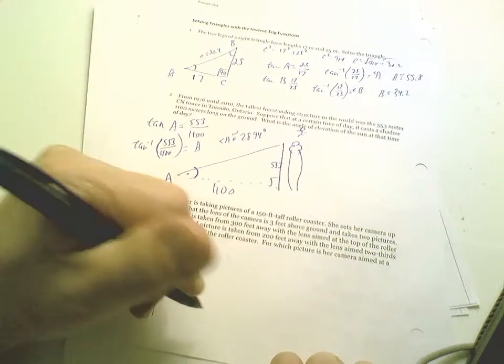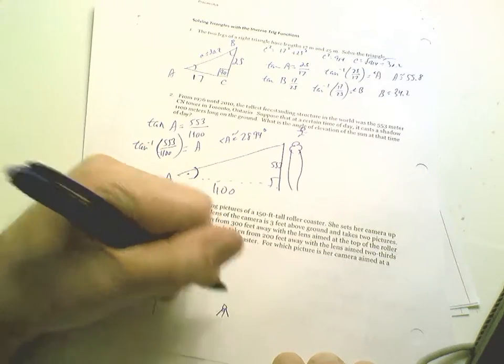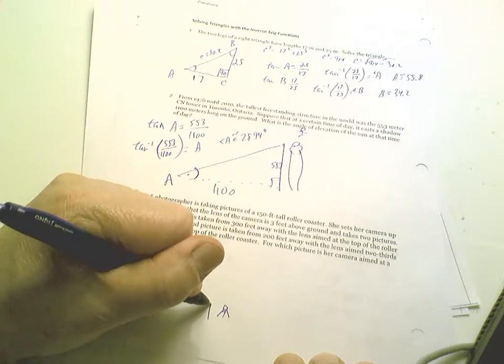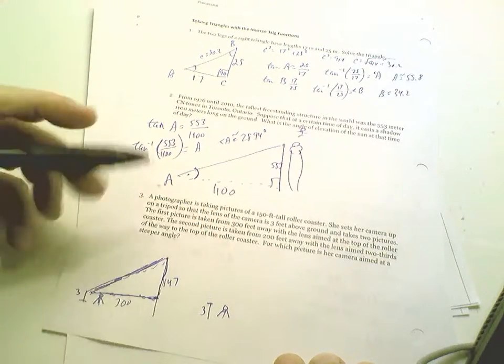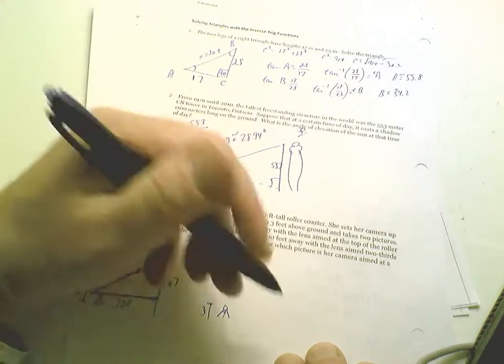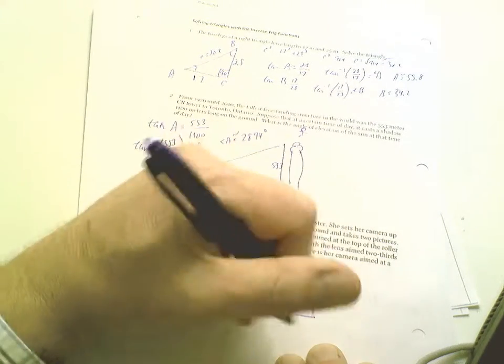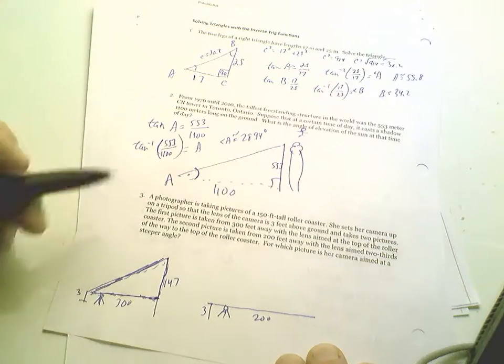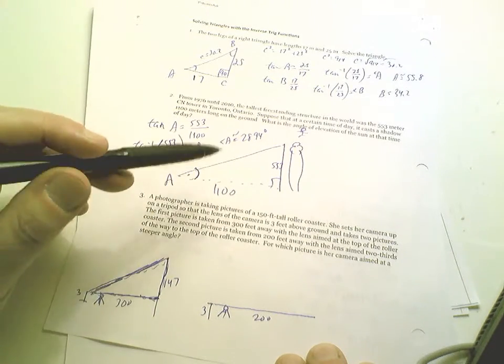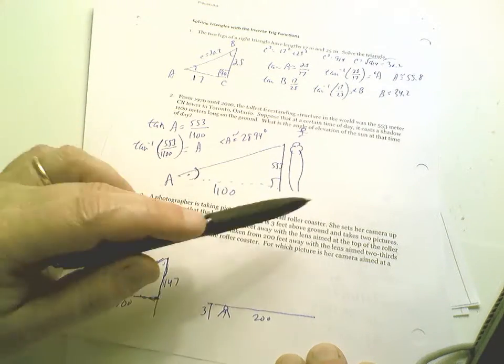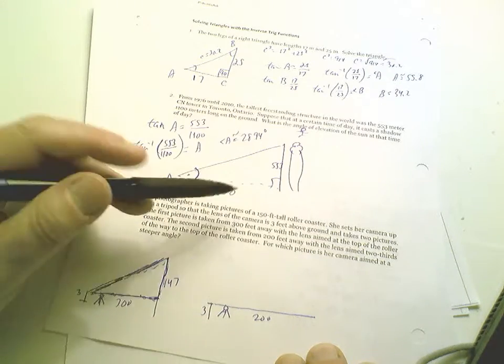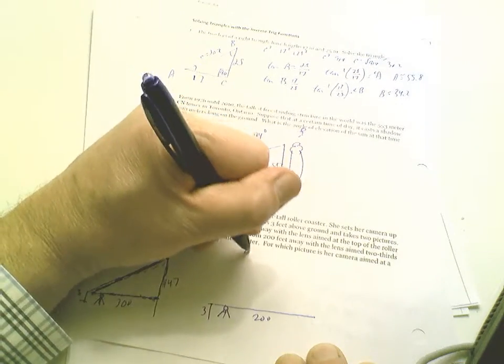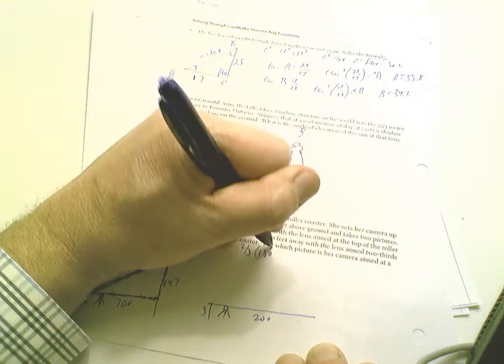Now my second triangle, again, tripod, still 3 feet above the ground. It's going to now be aimed where? I'm going to be 200 feet away from the roller coaster, and I'm going to be aiming at a spot that is 2/3 of the way to the top. Well, 2/3 of 150 feet is 100.